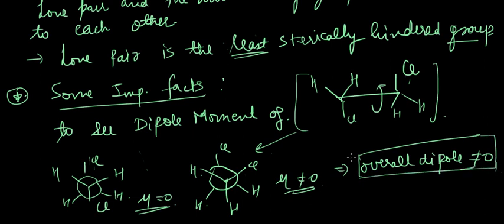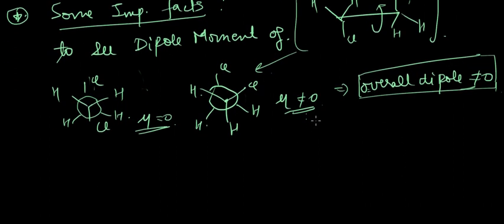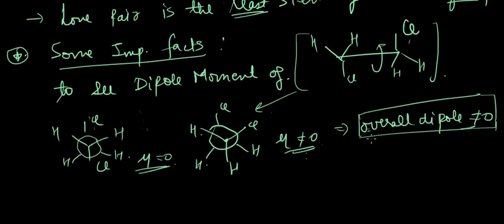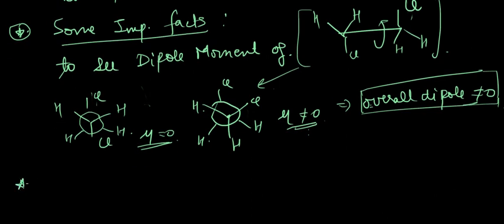Okay, and this brings us to the end of this lecture. In the next lecture we'll be seeing, before that, let me actually tell why the dipole moment of this compound is also not 0.